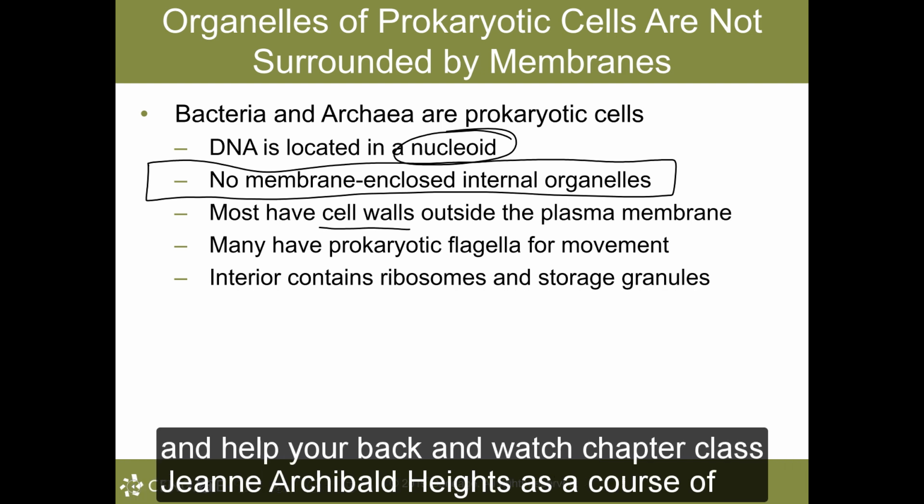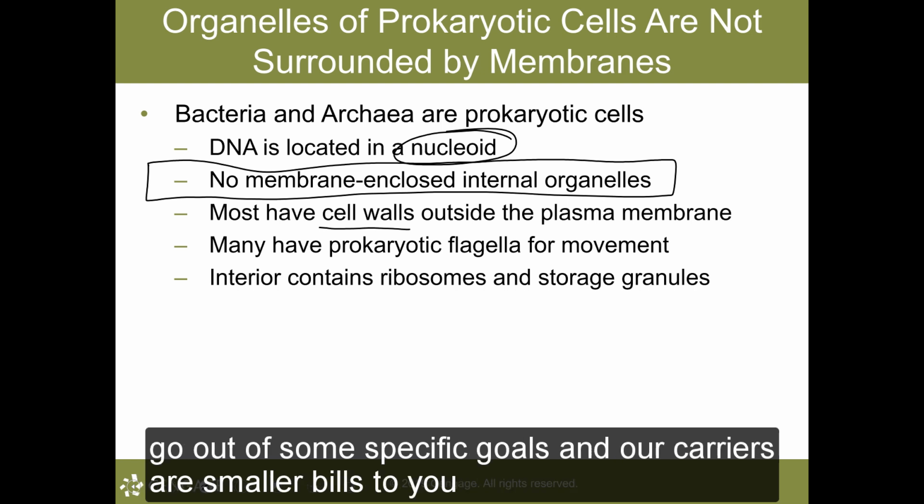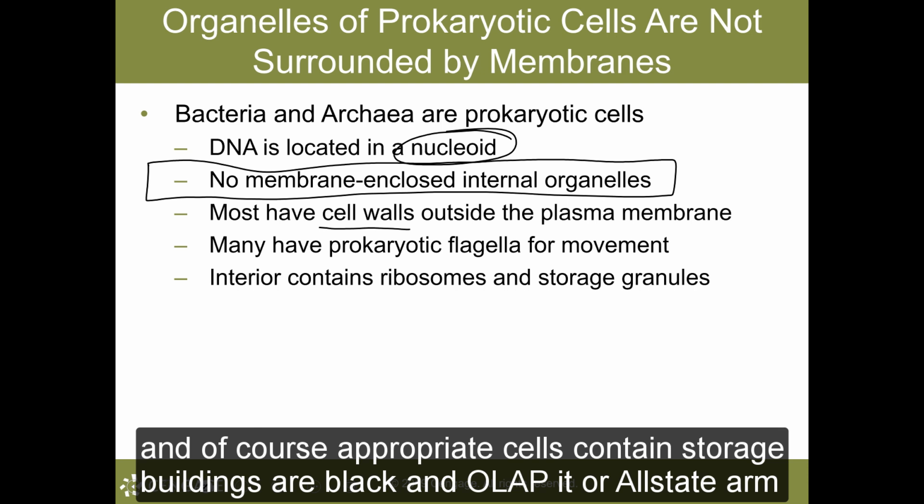And I hope you remember from last chapter that you can refer to polypeptides as proteins. The ribosomes of prokaryotic cells are smaller than those found in eukaryotic cells. Keep that in mind. They both have ribosomes. It's just that those in prokaryotes are smaller than those in eukaryotes. And of course, the prokaryotic cells contain storage granules that hold glycogen, a lipid, or phosphate compounds.